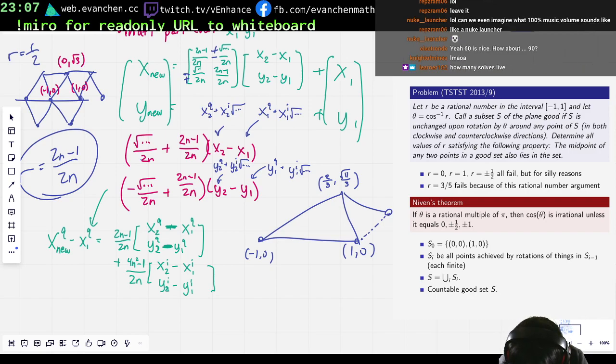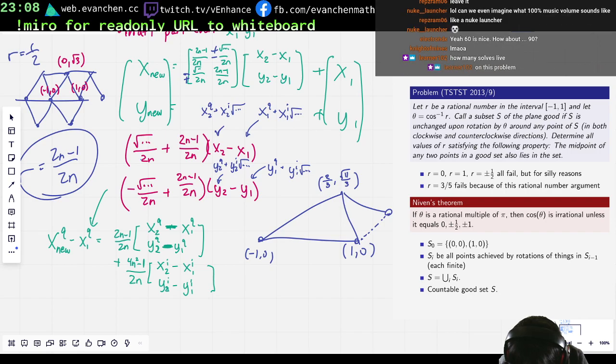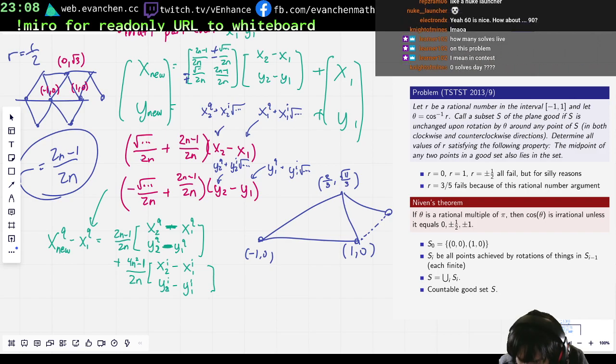Jesus. Zero solves day. How many solves live on this problem in contest? I don't know. I wasn't at MOP that year.